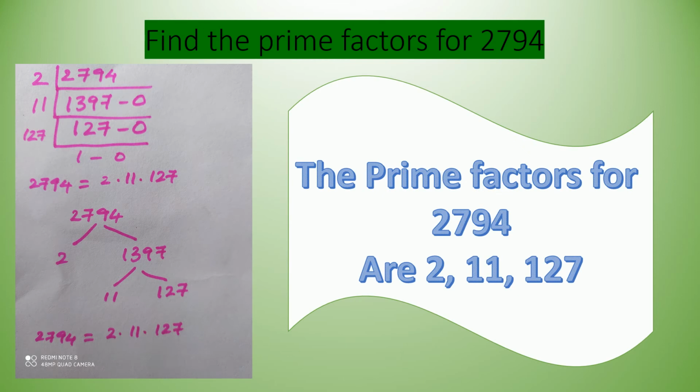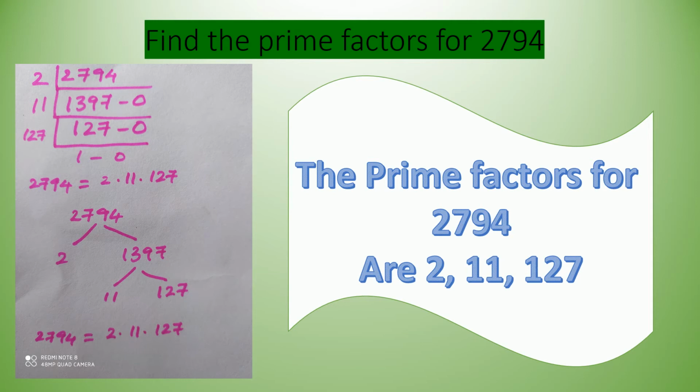Now you will have to find the prime factors for 2794. I have demonstrated 2 different techniques in the previous session. In the first technique, you use repeated division.